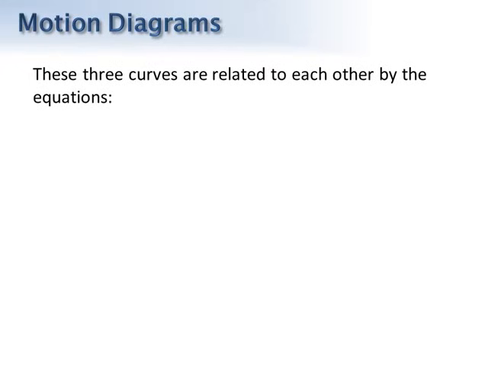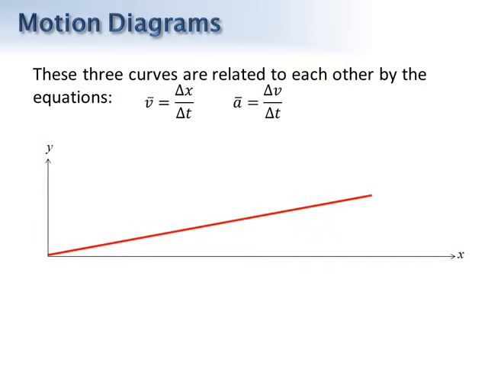The rules come from our equations for average velocity and average acceleration. Consider a standard XY coordinate grid. For any curve or line on this coordinate grid, you probably know that the slope is rise over run, or in this case, delta y over delta x. For our velocity plot, the vertical axis is v, and the horizontal axis is time, t.